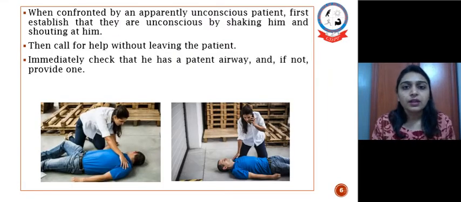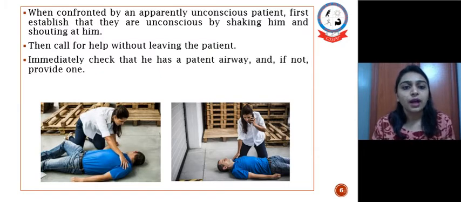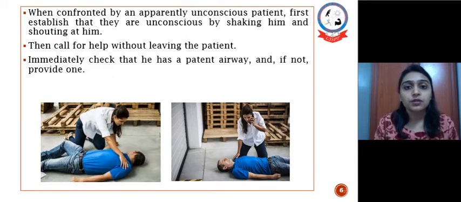When we come across any unconscious patient, first of all we need to try to shake him and shout to make him awake. After that we need to call for help without leaving that person. Either we can call 108 or any emergency helpline, or we can ask any person sitting or roaming around us to call for emergency service.